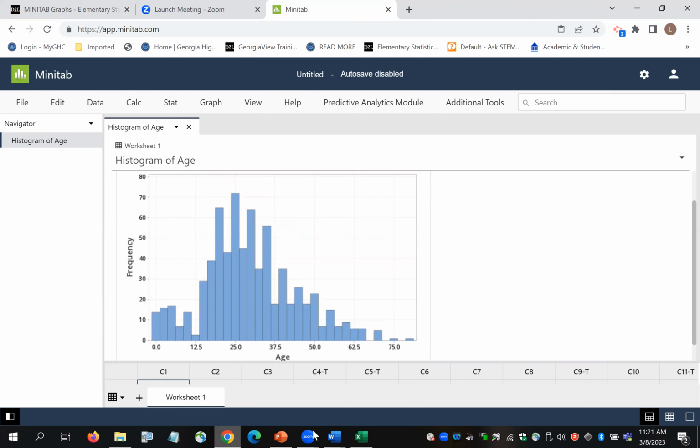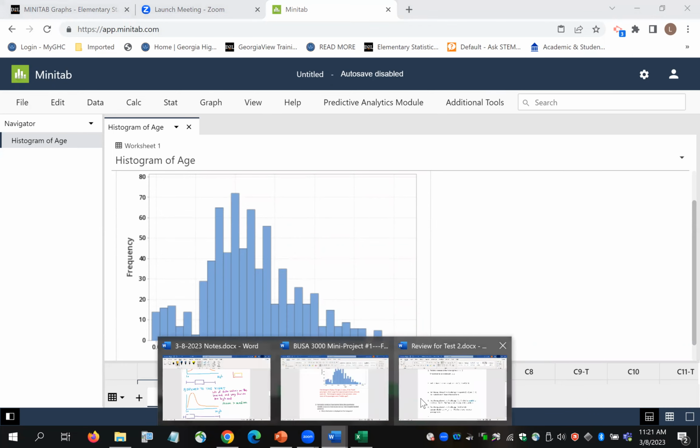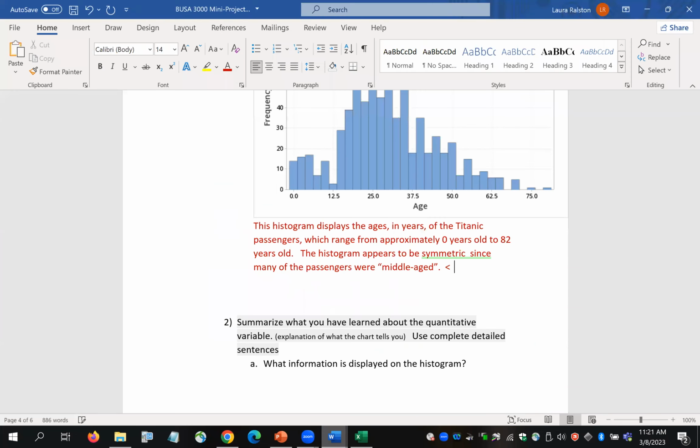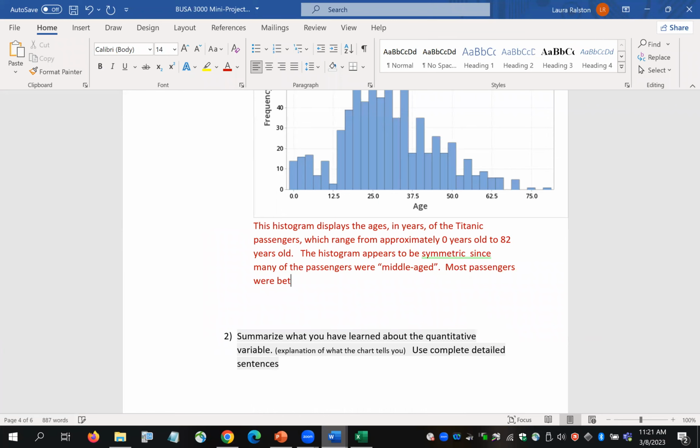So I could say, most passengers were between the ages of 23 years and 27 years. Make sure to include your units.